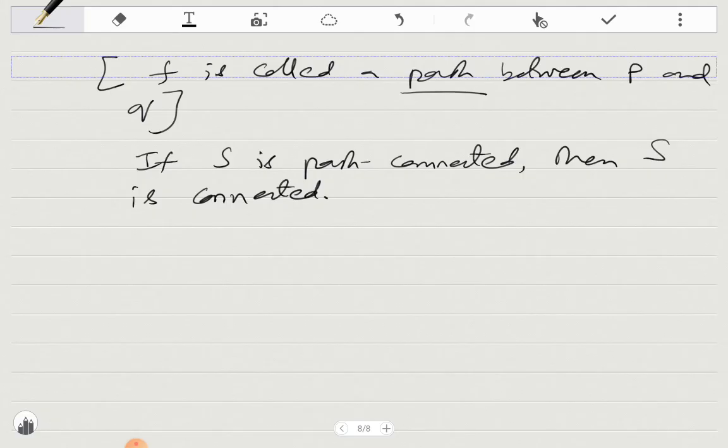This is very useful because the abstract definition of connectedness, that it cannot be written as a separation, is not so intuitive, while if you're trying to prove that a set is connected, the natural thing to do is try to take two points in the set and join them by a path. And this last thing ensures that if we can do that, the set is indeed connected.